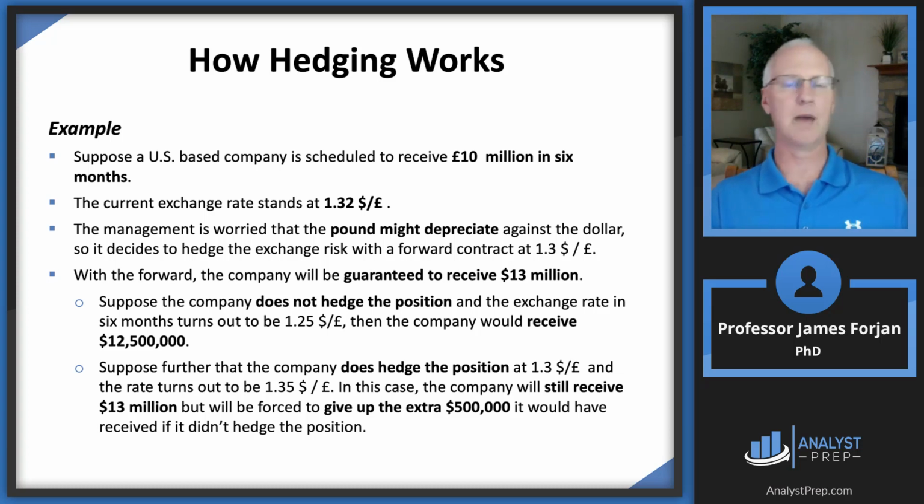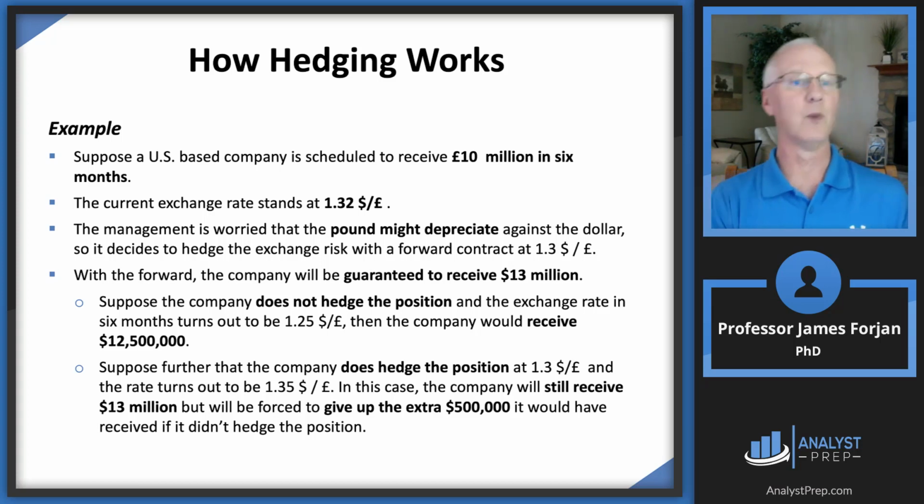What's the worst thing that can happen for U.S. companies is that the dollar gets stronger, because then when you sell your product overseas, you turn those foreign currency units into fewer U.S. dollars when the dollar is stronger. So the worst thing that can happen in terms of currency risk to a U.S. company is for the U.S. dollar to be strong.